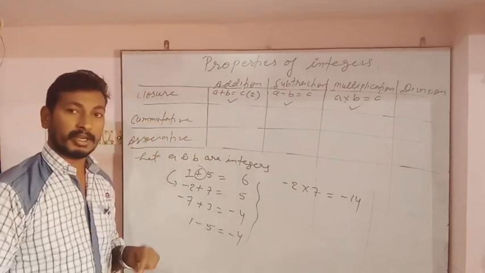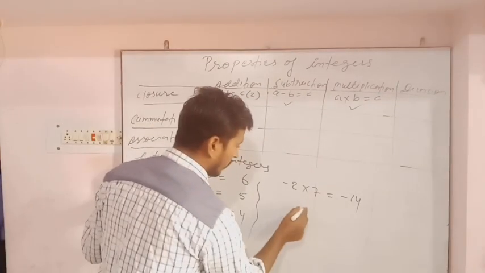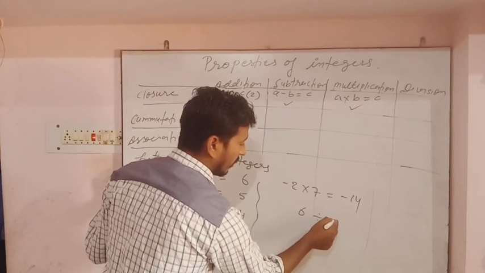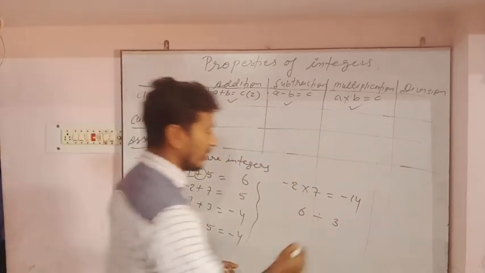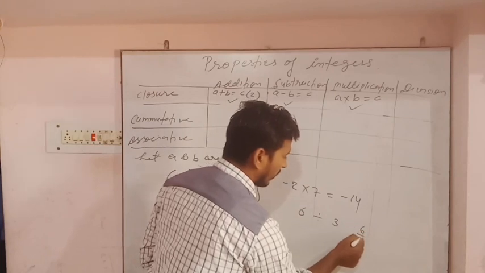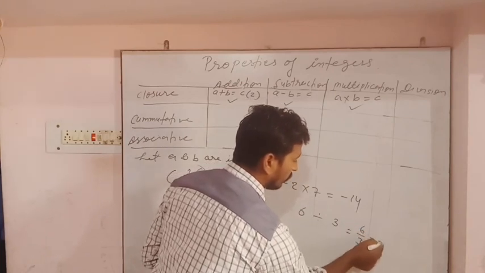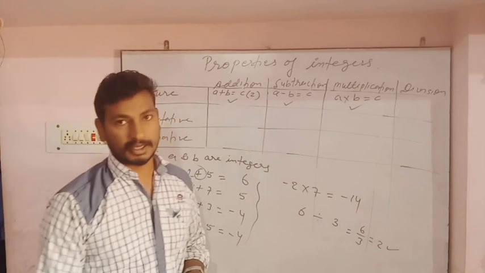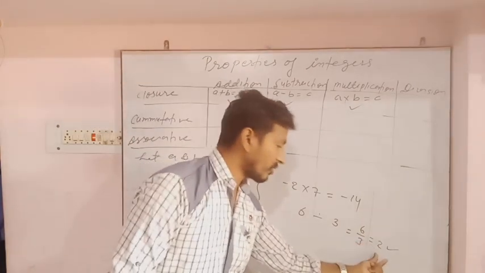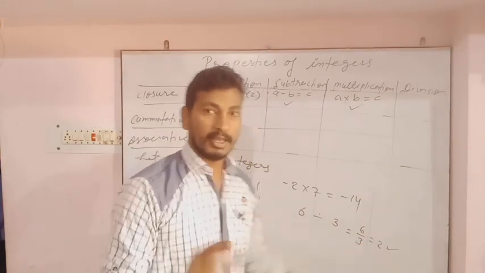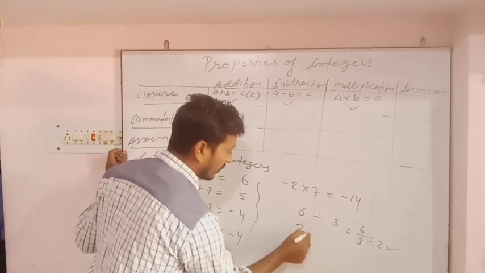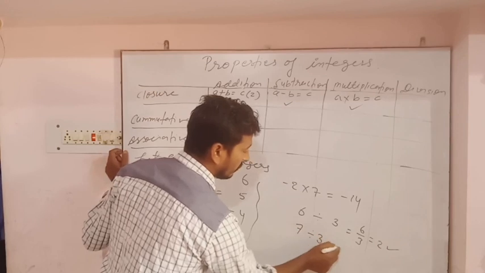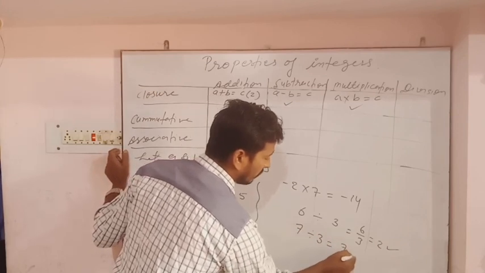Again we take two integers like 6 and 3. Now divide both integers. Then 6 by 3 is equal to 2, which is an integer. But this is not true for all cases. Let's take one more example, like 7 divided by 3.